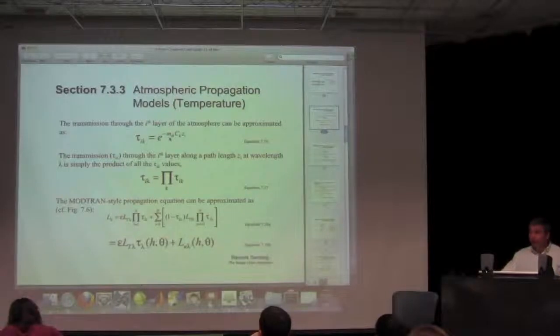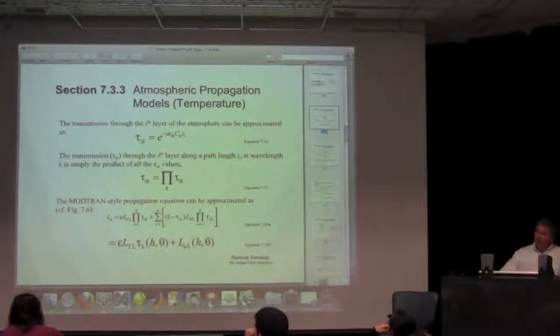So i refers to the layer, k refers to the molecular species that we're looking at. So the transmission due to a particular molecular species in the ith layer is e to the product of the extinction coefficient, the product of N times C times the path length.